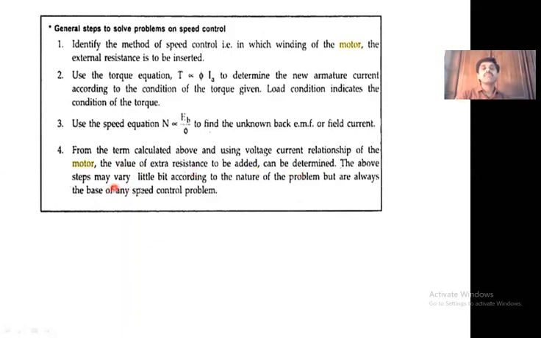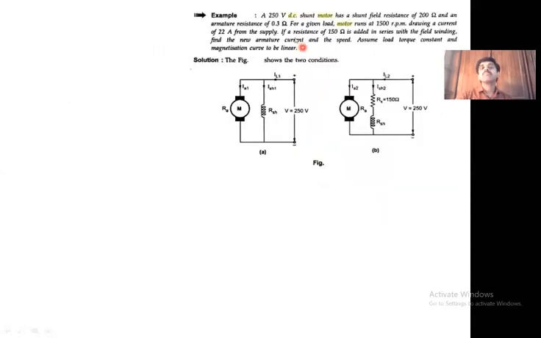The above steps may vary a little according to the nature of the problem, but are always the base of any speed control problem. Let us see one example problem. A 250 volts DC shunt motor has a shunt field resistance of 200 ohms and an armature resistance of 0.3 ohms.